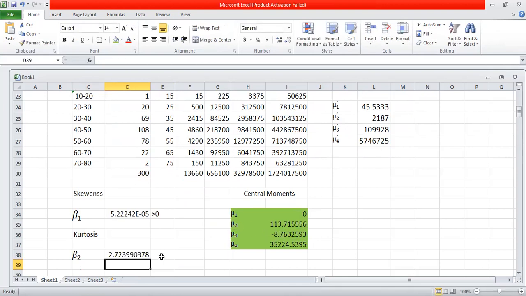So this is the coefficient of kurtosis, which is less than 3. Whenever the coefficient of skewness is greater than 0, we say positive skewness. And if the coefficient of kurtosis is less than 3, we have 3 types of kurtosis, right? If the kurtosis value is less than 3, which type of curve is it? Platykurtic.